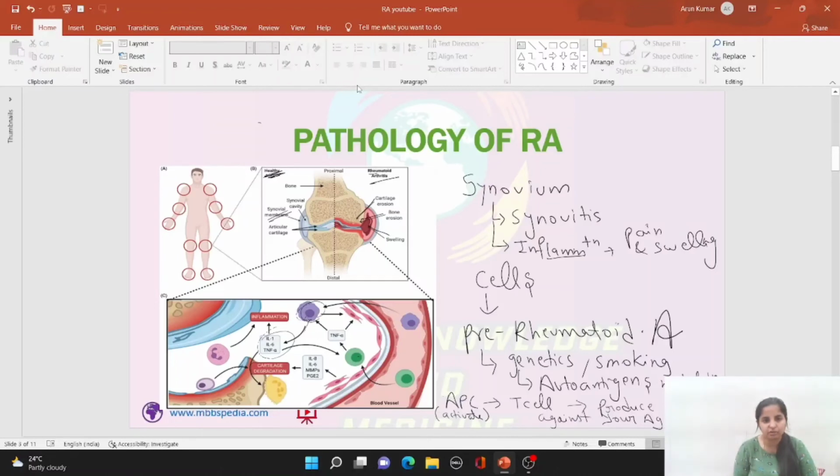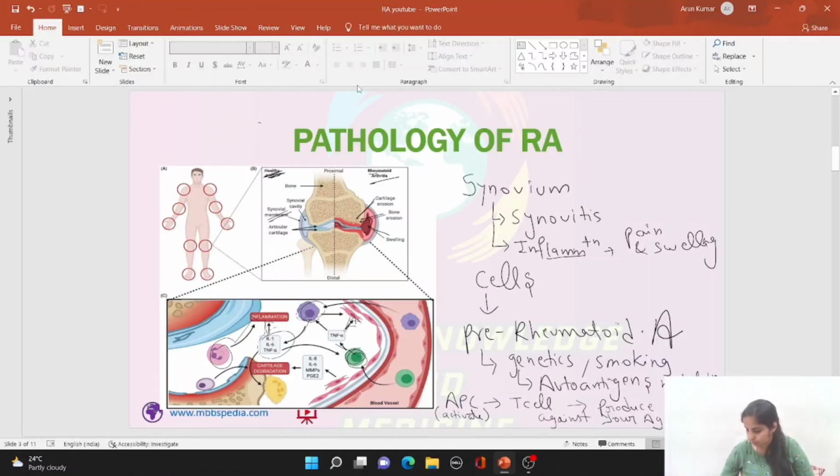Now these cytokines are responsible for inflammation of the synovial membrane, and furthermore these neutrophils production also leads to inflammation. Now here you can see the T cell. T cells also produce cytokines like TNF alpha, which will produce furthermore inflammation. So due to the release of these cytokines, the normal anatomy or physiology inside the synovial joints will be disrupted.